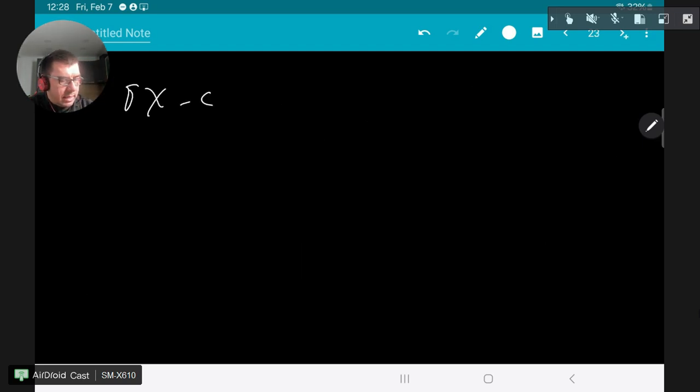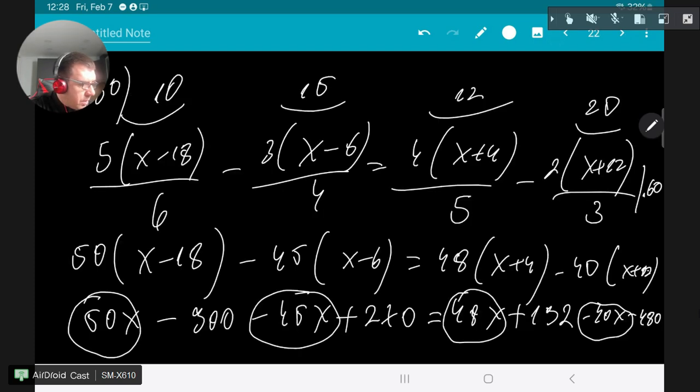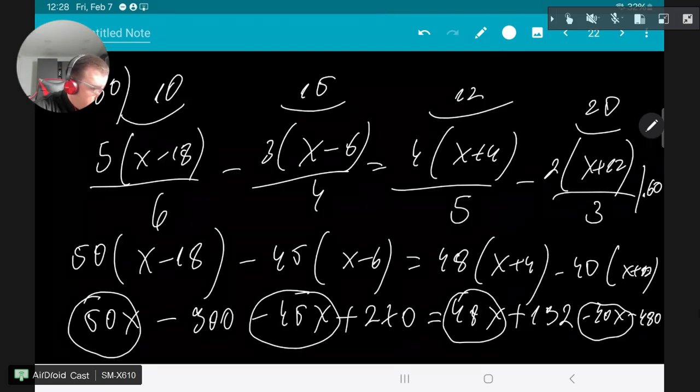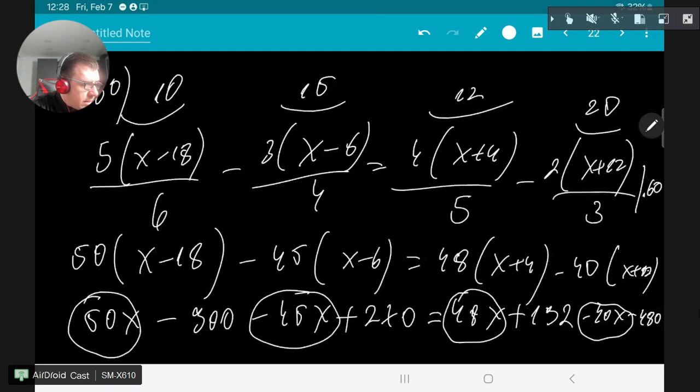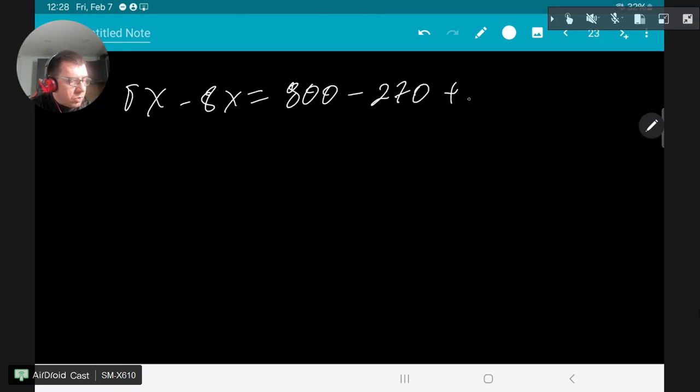So minus 8x equals, then I get 900 will go with plus, 270 will go with minus, 900 minus 270, and those on the right will stay the same because I'm not switching them. So plus 192 minus 480. So this is minus 3x equals to, wow.